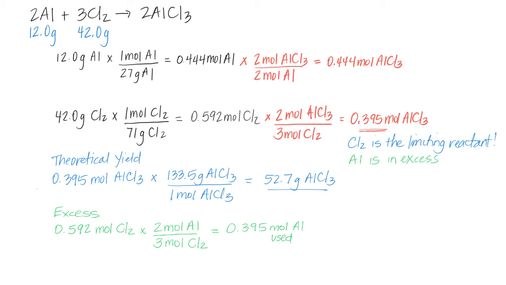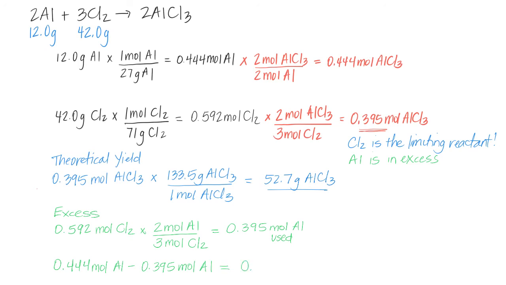Since we know we started with 0.444 moles of aluminum, we can subtract the 0.395 moles that we used to tell us how much remains.